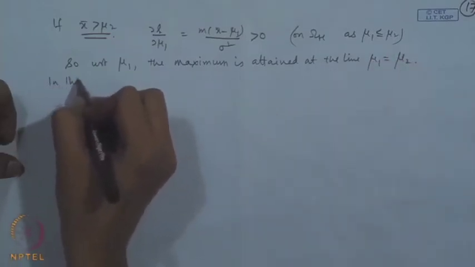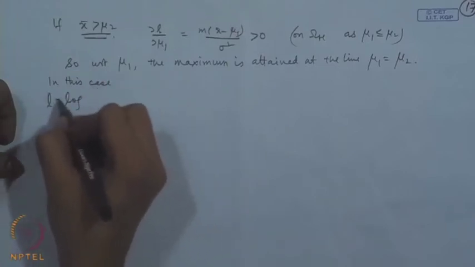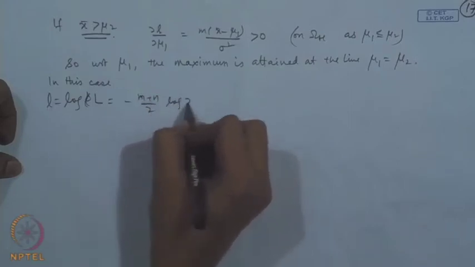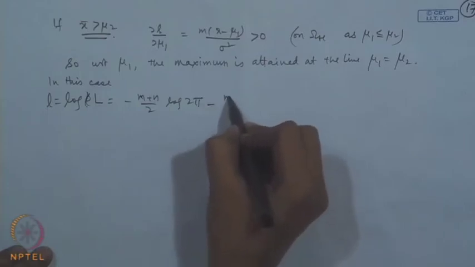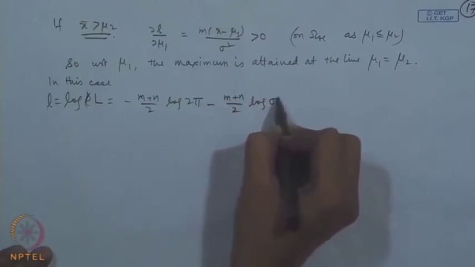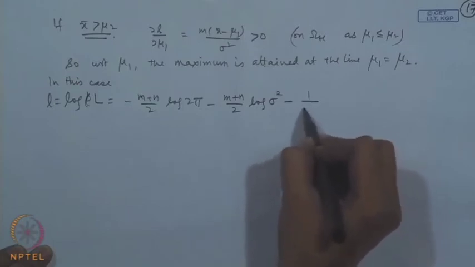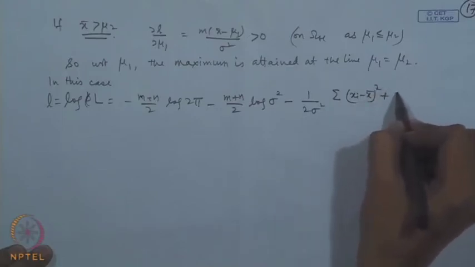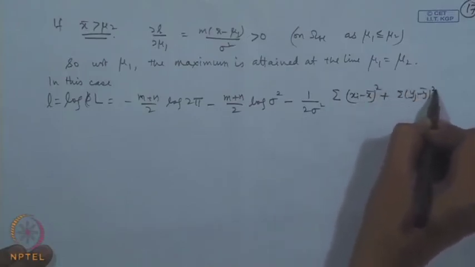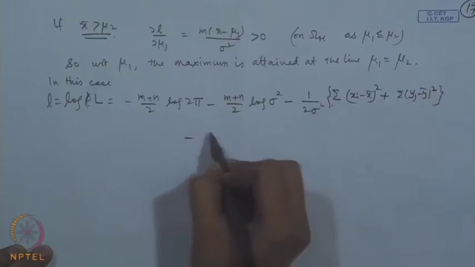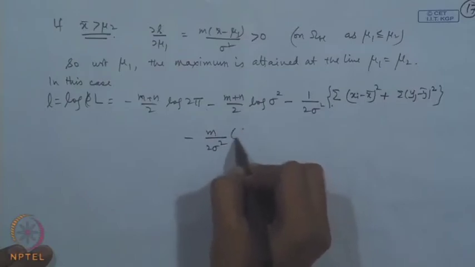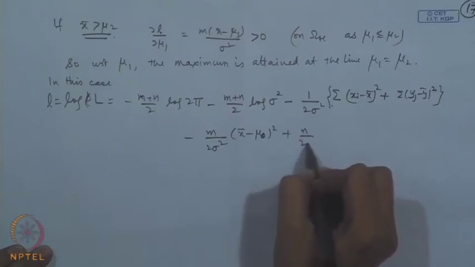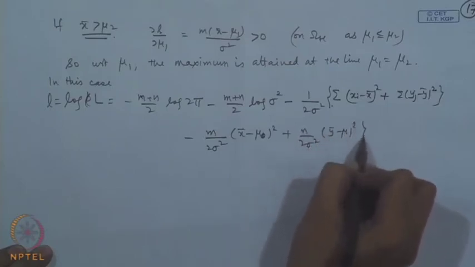So, in this case the log likelihood L, I can write as minus m plus n by 2 log of 2 pi minus m plus n by 2 log of sigma square minus 1 by 2 sigma square, sigma x i minus x bar square plus sigma y j minus y bar square, minus m by 2 sigma square, x bar minus mu square, plus n by 2 sigma square, y bar minus mu square.